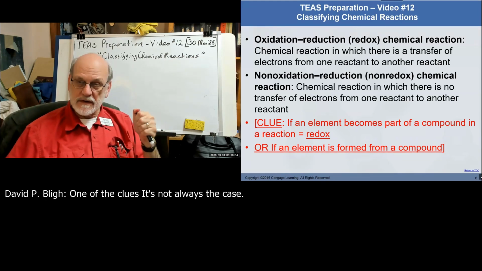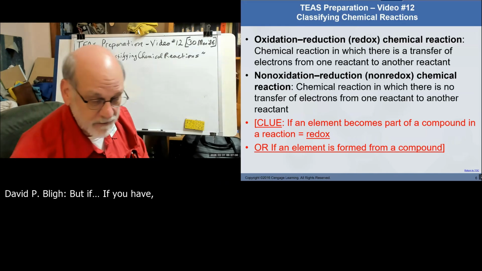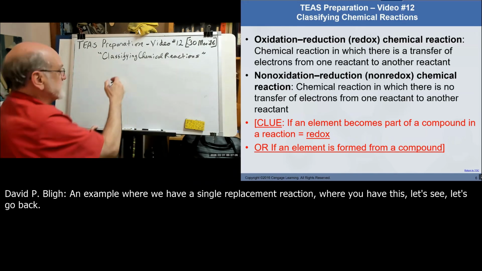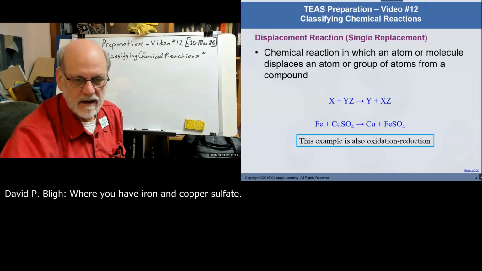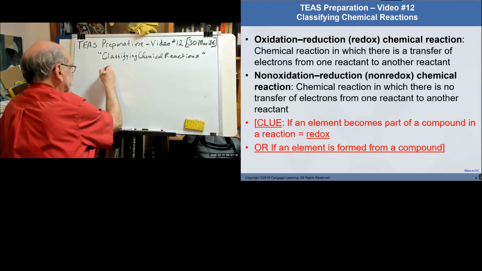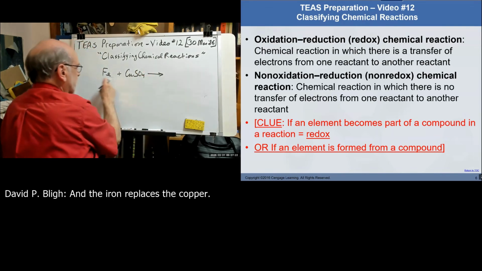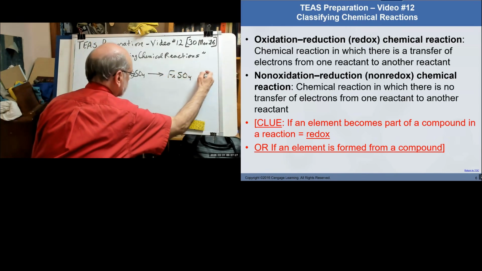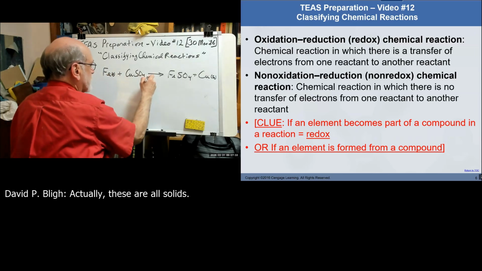One of the clues, it's not always the case, but if you have an example where we have a single replacement reaction, let's go back, where you have iron and copper sulfate, and the iron replaces the copper. Actually, these are all solids.